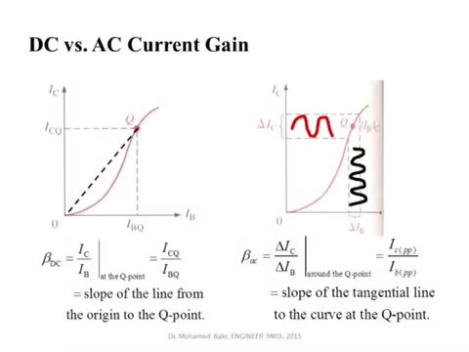So if I ask you to analyze an amplifier, I will give you the value of beta AC, which is not usually very different from beta DC. They are close enough. They are not exactly the same, but we get the value of beta AC from the datasheets. So I will tell you the value of the AC current gain, which is slightly different from the DC current gain that we use for our DC analysis.